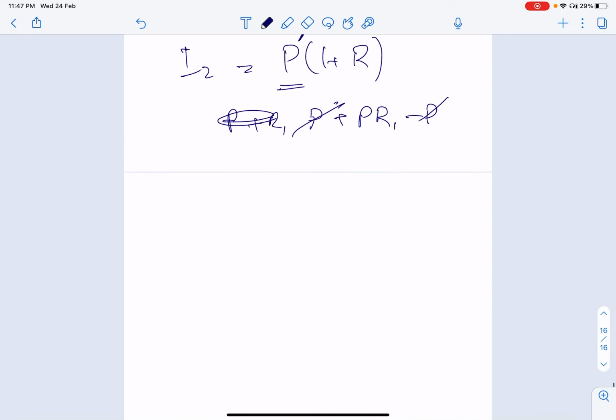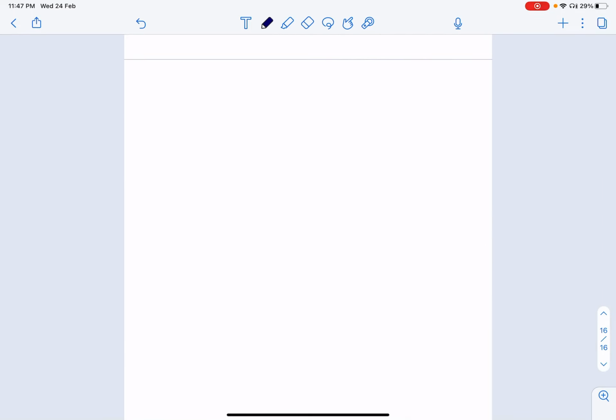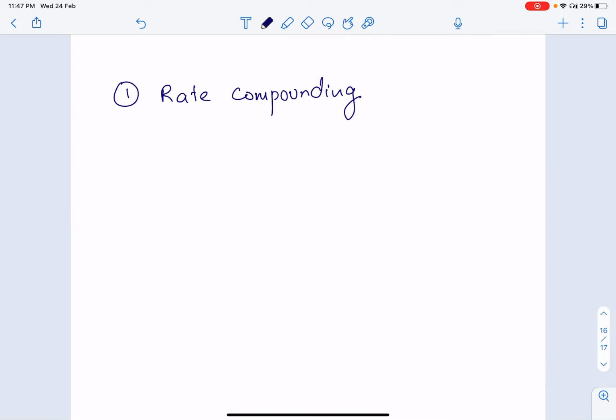So we will start with the rate compounding method. There are predominantly two methods which we're talking about. One is rate compounding, which in regulatory terms, or in the documentation, you read as the cumulative rate compounding method.